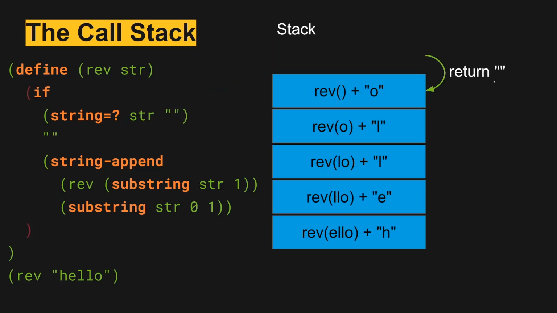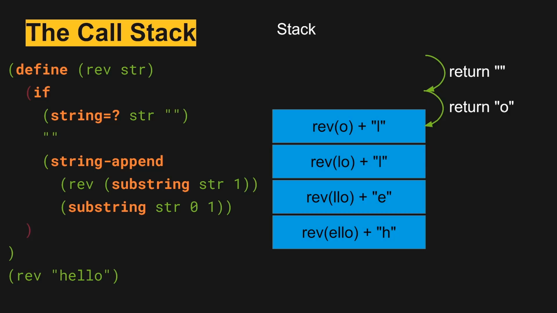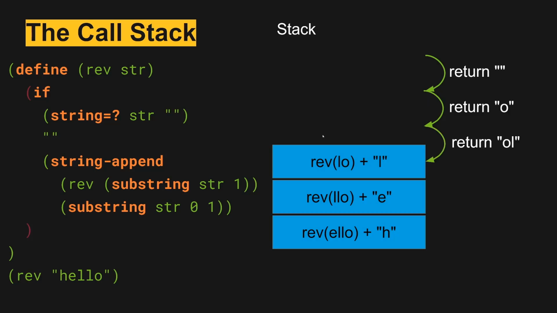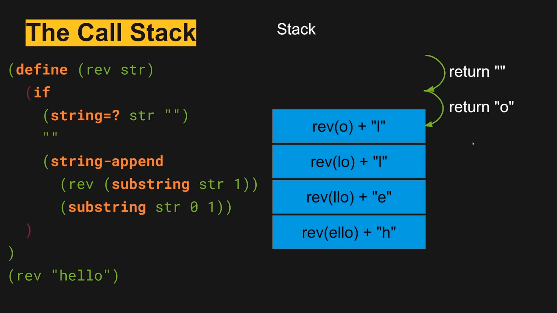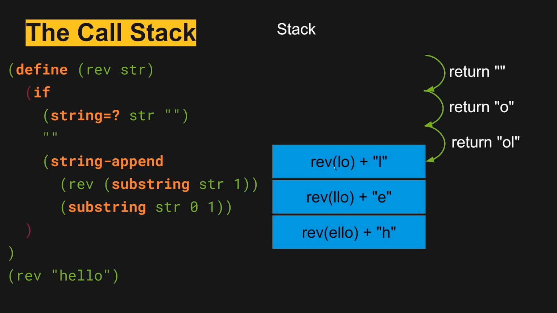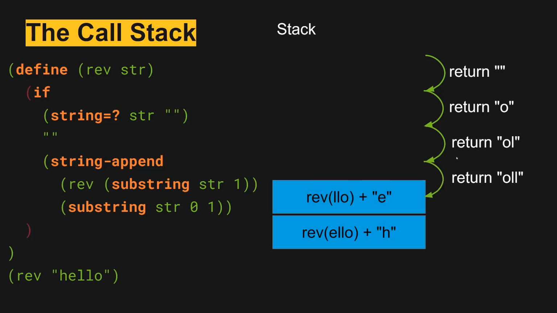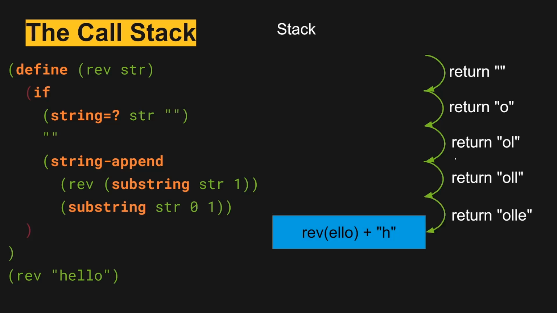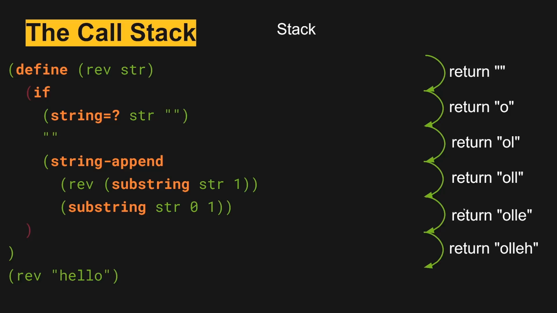And so we return empty string, and then we return empty string plus O, which is O, and then we return OL, and then we add another L to it, so we're returning OLL, and then we return the OLL plus the E, and we get OLLE, and then we return the H to get OLLEH.